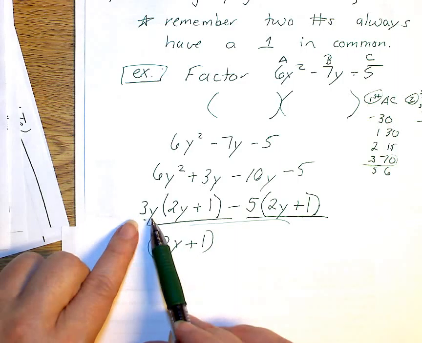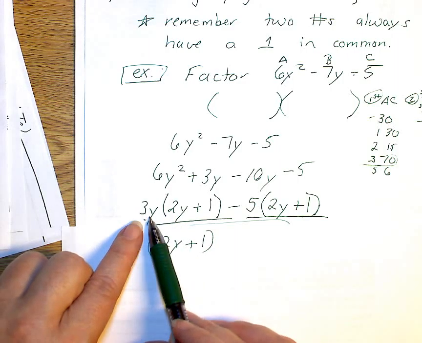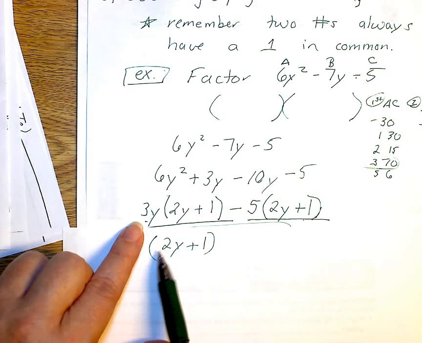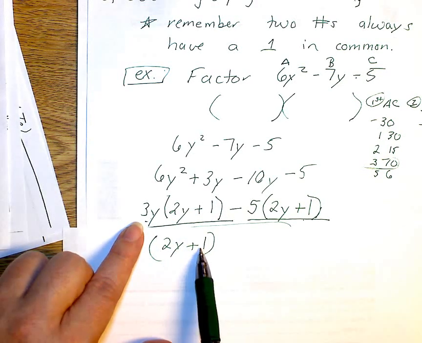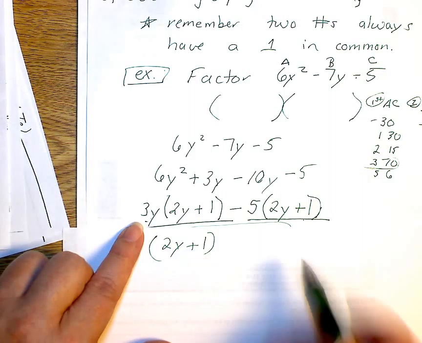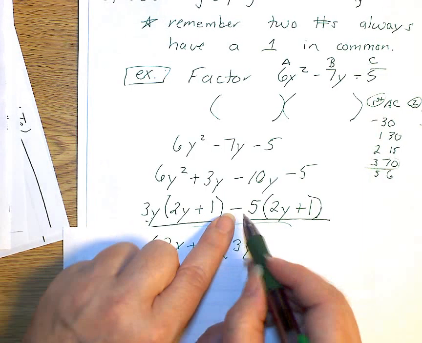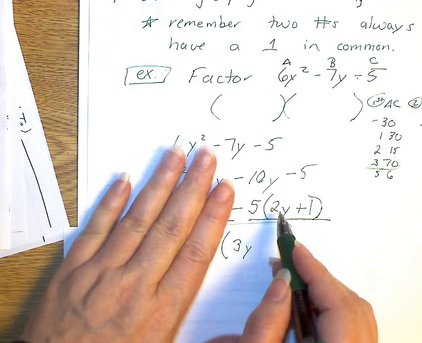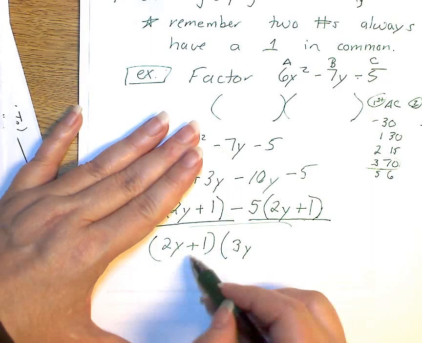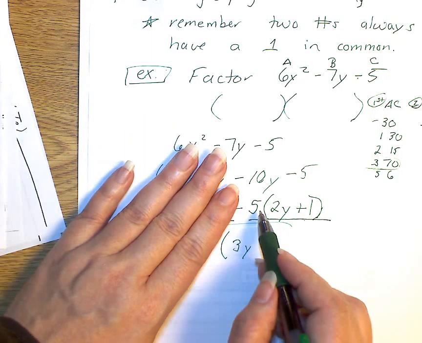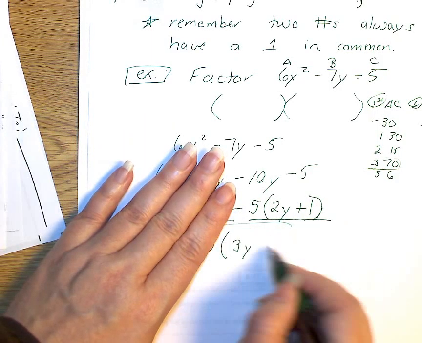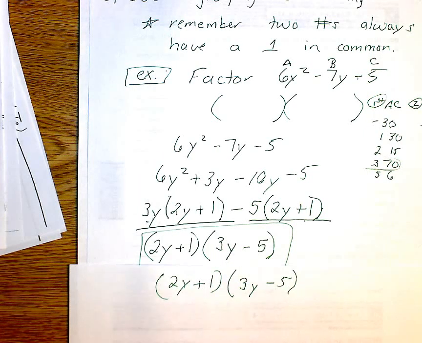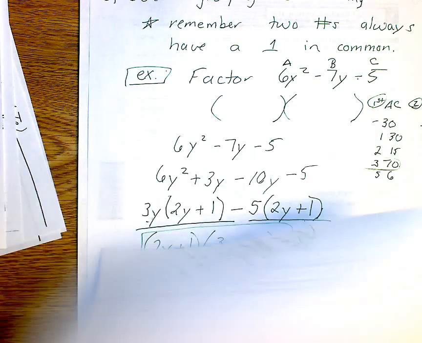What if you take 3y times 2y plus 1 and we divide it by 2y plus 1, what do we have left? 3y. On this one, if I'm pulling out my 2y plus 1, what do I have left? Negative 5, right? Okay.